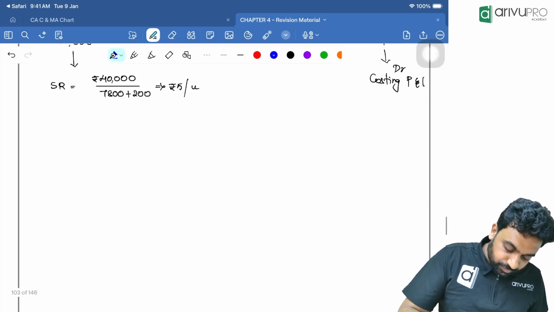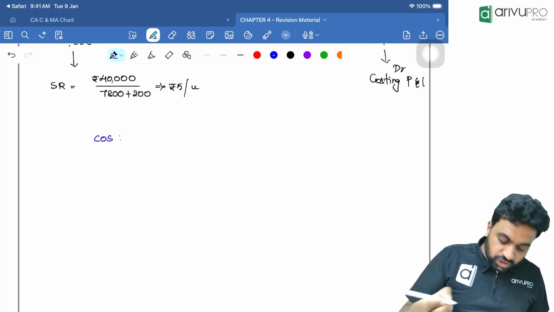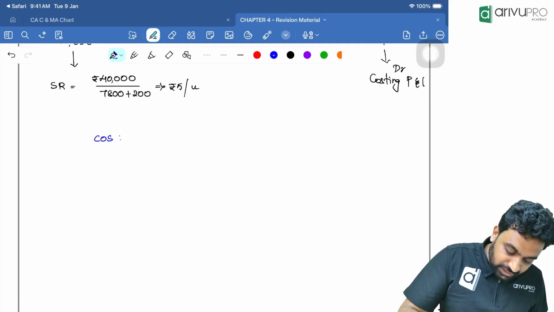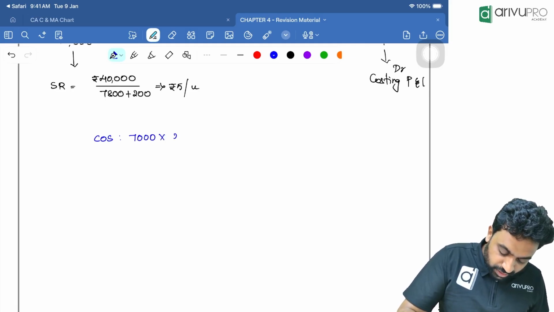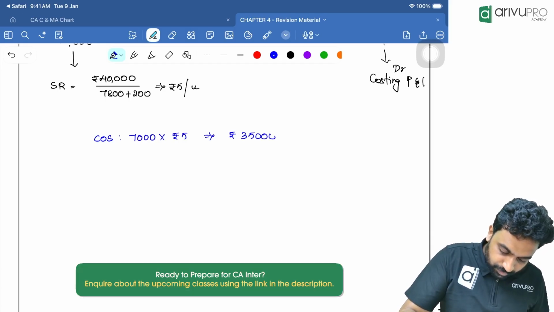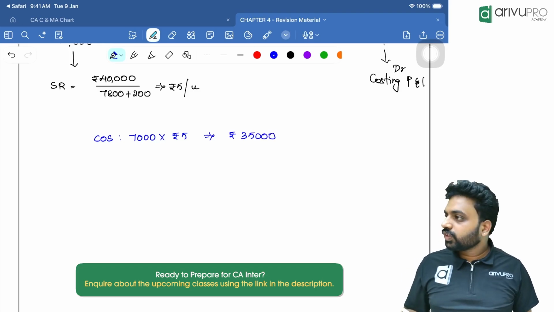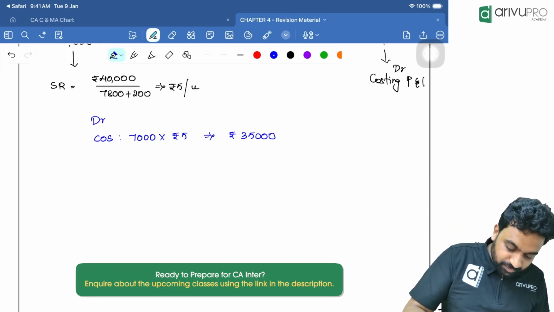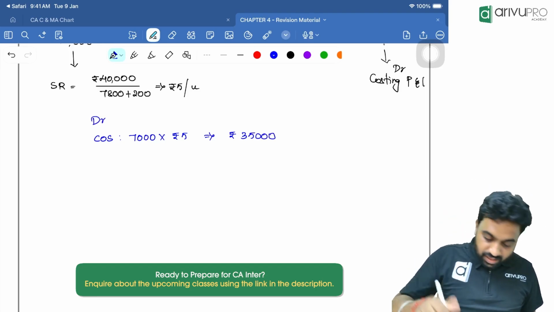First, cost of sales. How many units did we sell? 7,000 units we sold at the rate of 5 rupees, which would come to 35,000. All these things we should debit because it's a loss. Done.